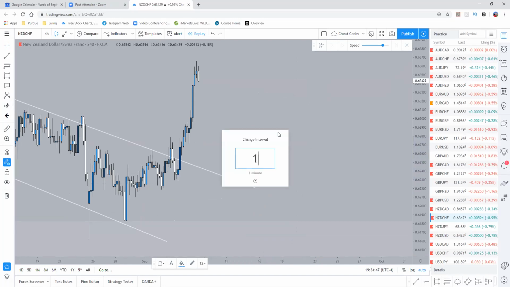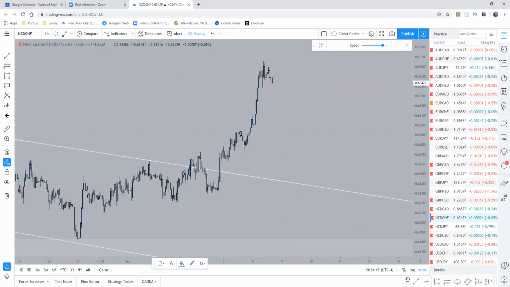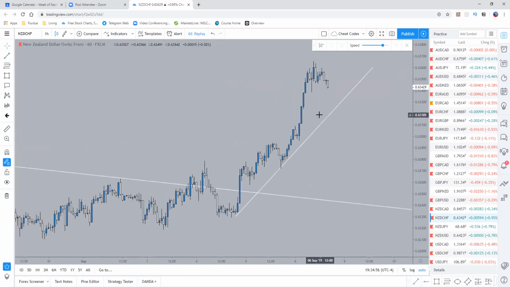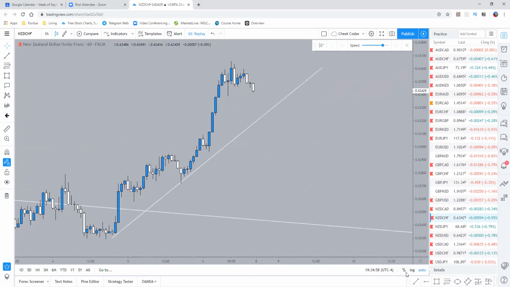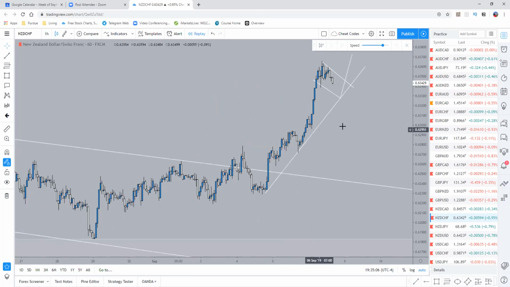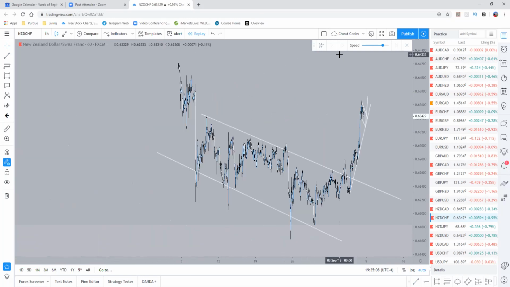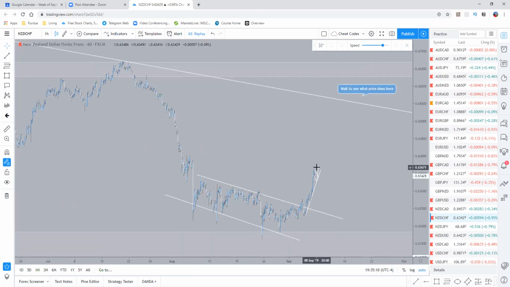Okay, so go down my 1 hour. I see an uptrend. So now I simply just want a simple correction right here and then move to the outside. And I wanted to go all the way up here.